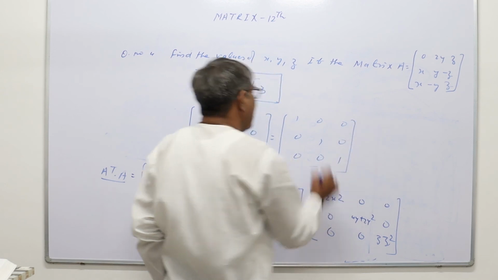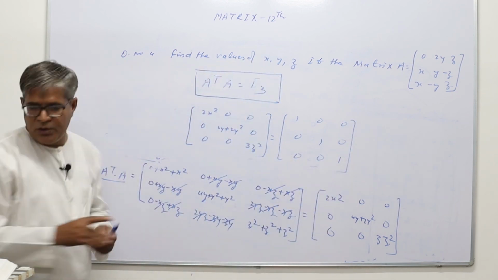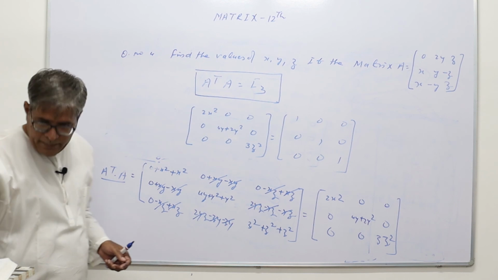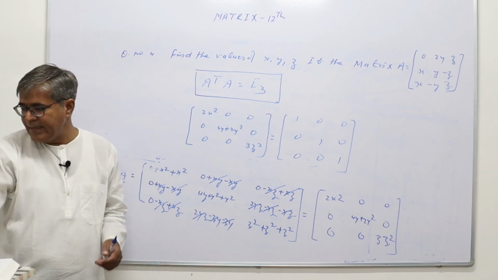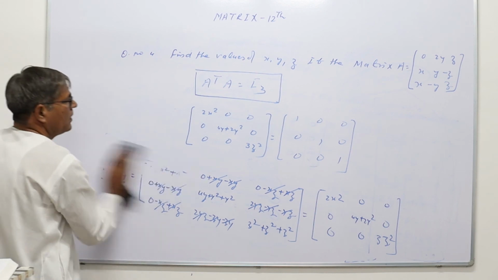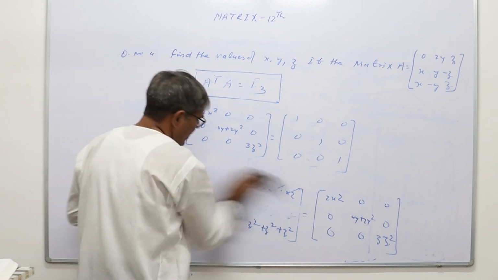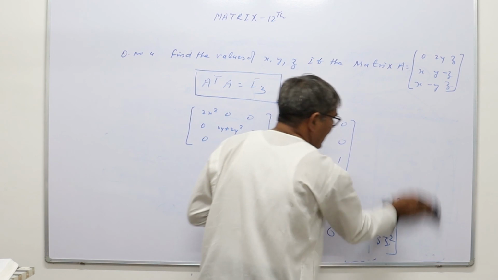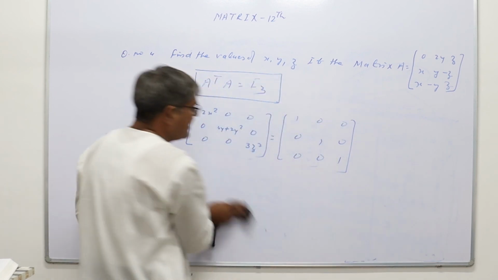This is the identity matrix of order 3. So comparing the given matrices, we will find the values of x, y and z.